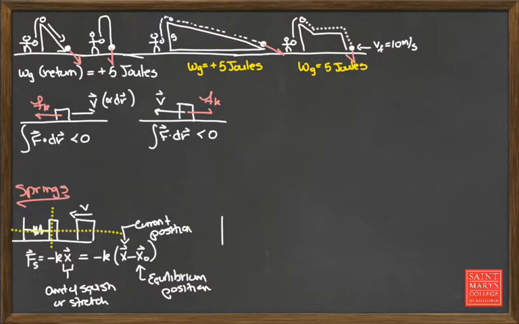So just to draw an example of what I might mean by that, if I have a spring that is currently being squished, let me write it in two different ways.